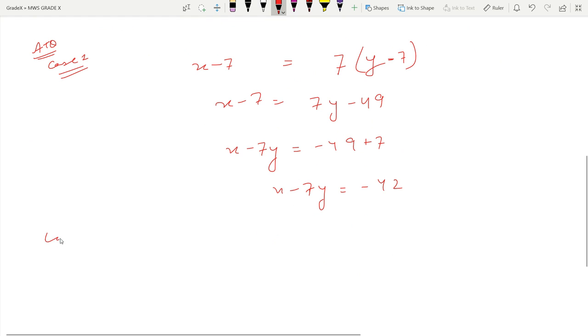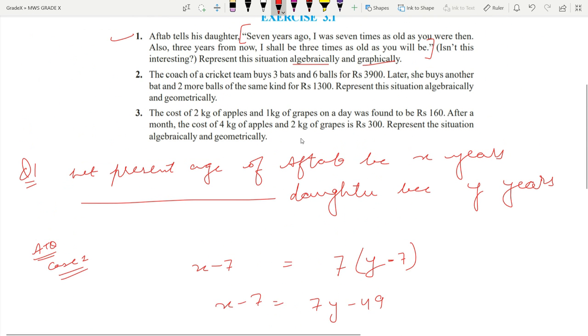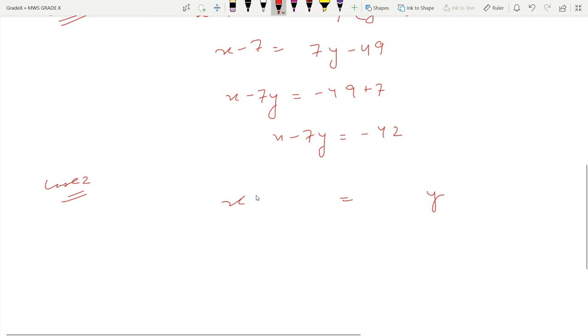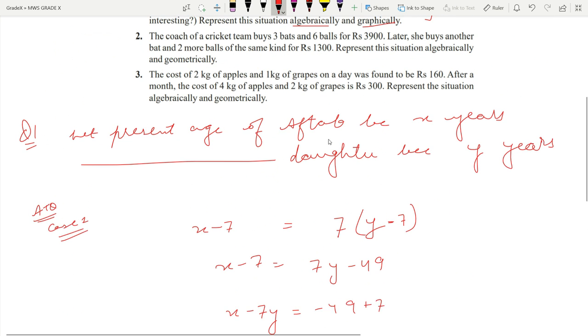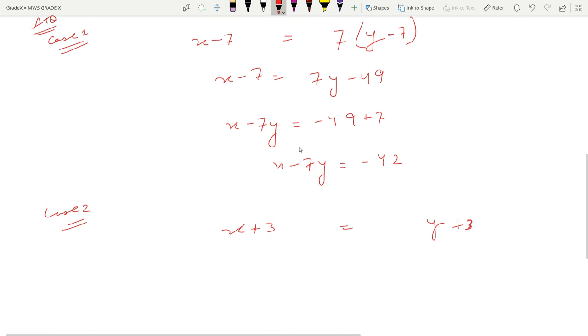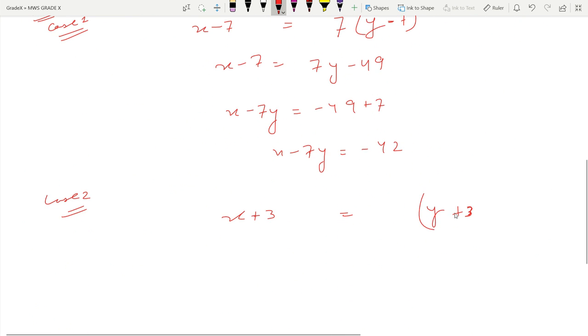Now the second case. Again put the ages of both in front in LHS and RHS. 3 years from now means 3 years after. Plus 3, both will be 3 years older. Then it is written I shall be 3 times as old as you, meaning Aftab is saying I shall be 3 times.